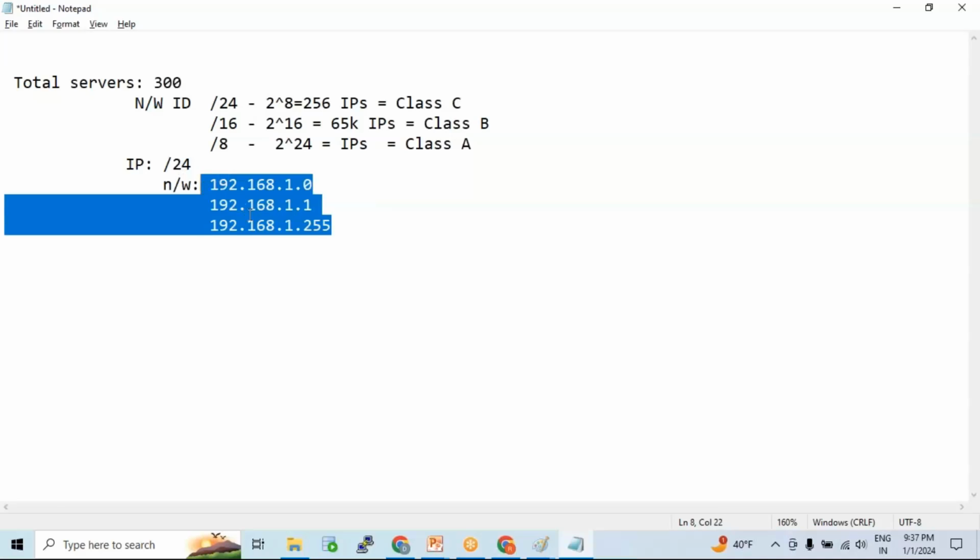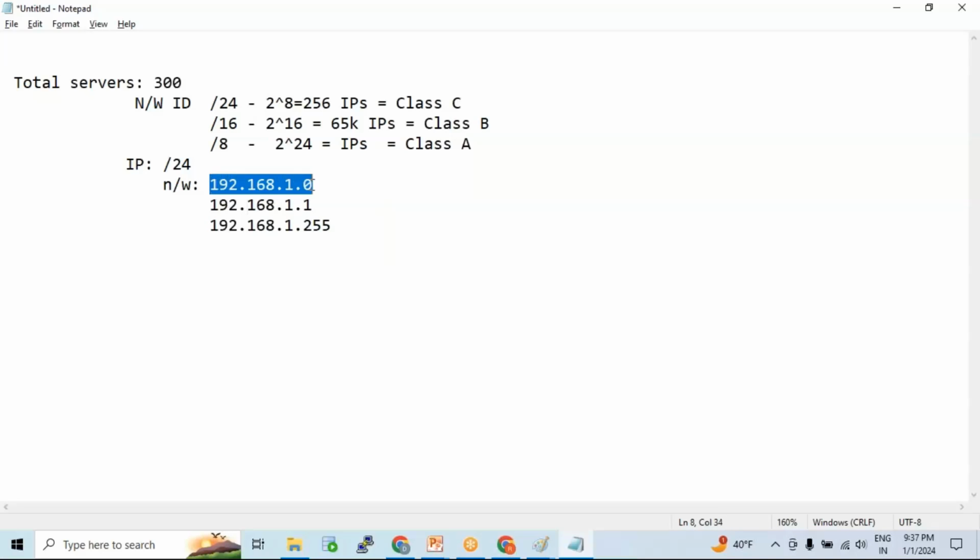Are we good with this? It can be 192.168.1, it could be any other. Just ensure that /24 is followed. So the 3 octets are used for the network ID. This is CIDR.